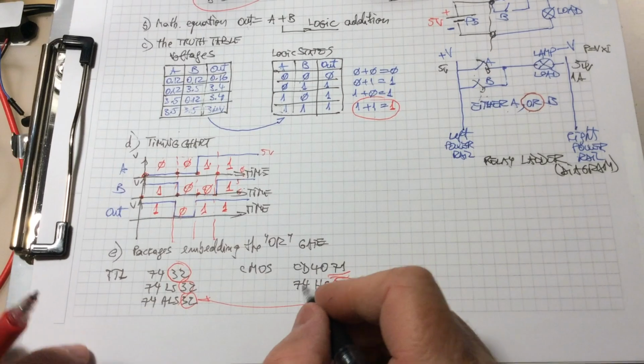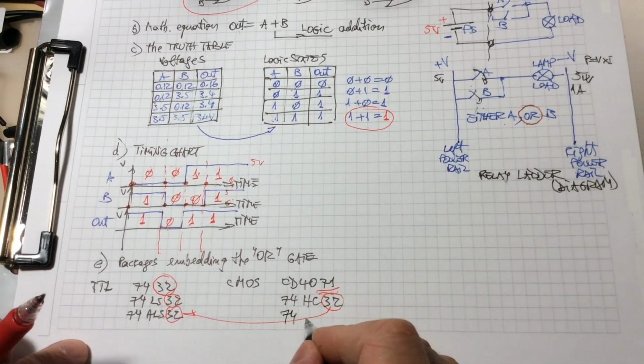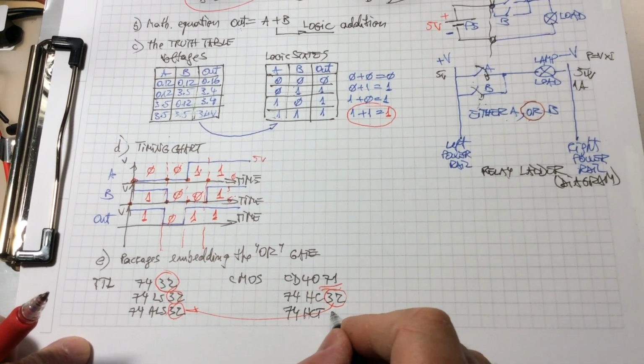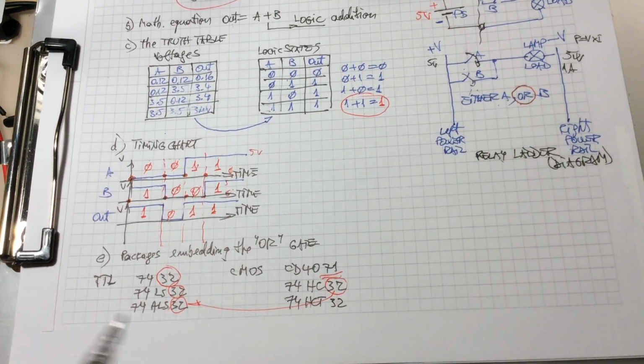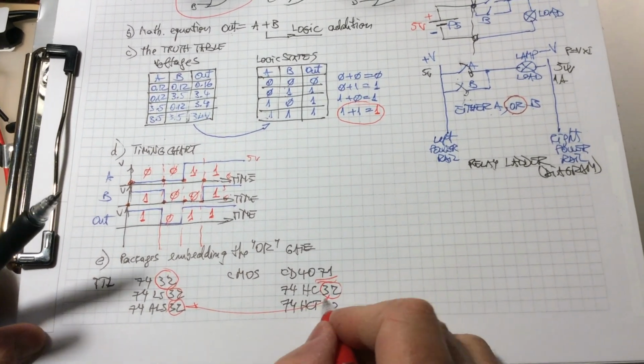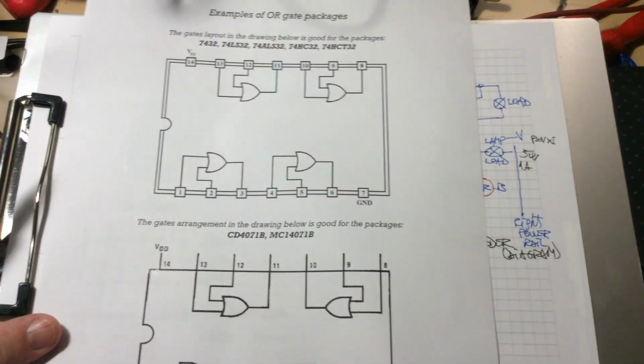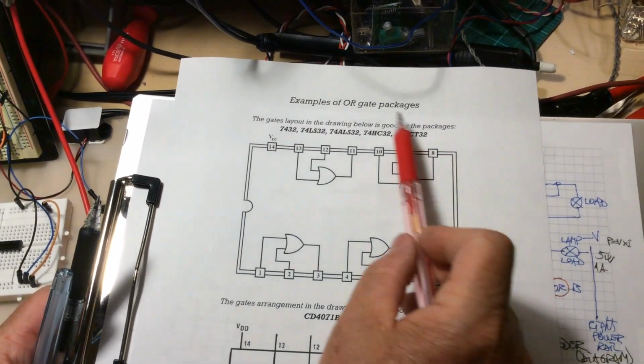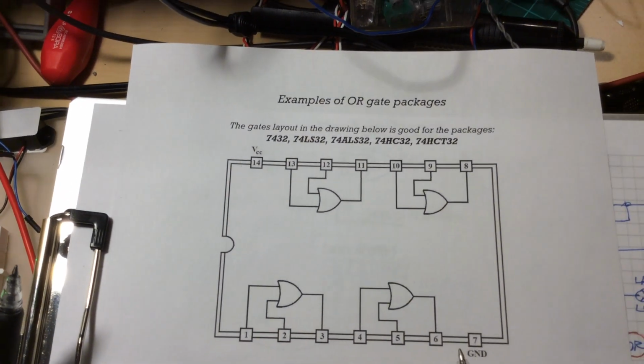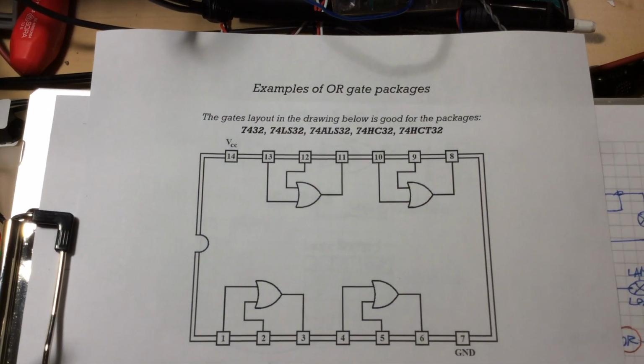And there is another one, 74HCT32. HCT32. So now I can show you the actual layout. You're going to find this, of course, on Google Drive. I'm going to give you the address.